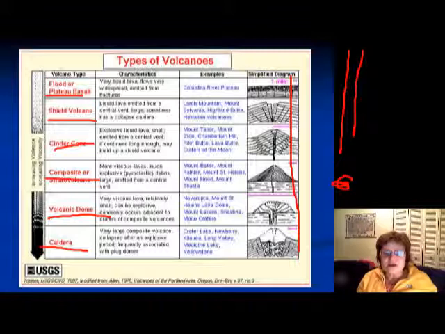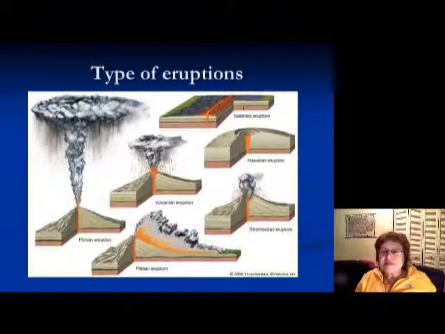So, and there are the characteristics and some examples which you might not have to know, but if you do, that's a good thing, really. But I will ask the types of volcanoes. And the next thing which comes up is the type of eruptions. And this is kind of interesting to know what kind of eruption can you expect at certain places.